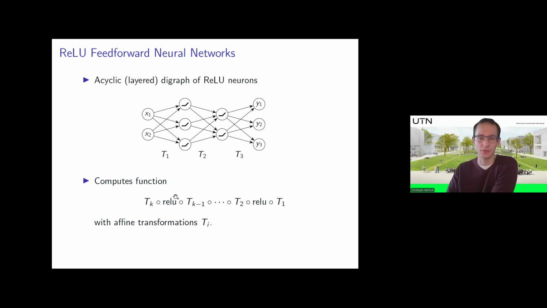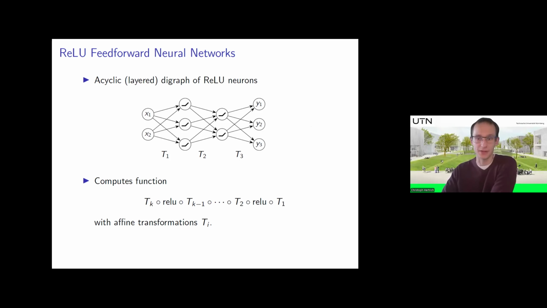And then if you also look at ReLU being the component-wise ReLU function applied to a vector, then the whole neural network computes a function which is an alternating composition of affine transformation and component-wise ReLU activations. So that way you don't really need graphs, you just need matrices to define a neural network. But still the graph view is sometimes just nicer to look at.